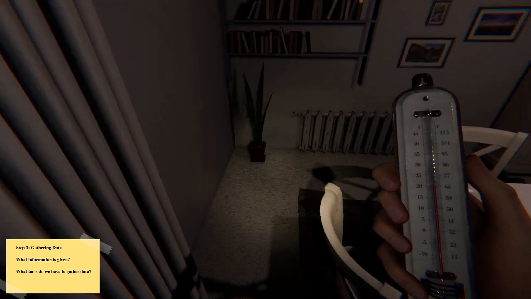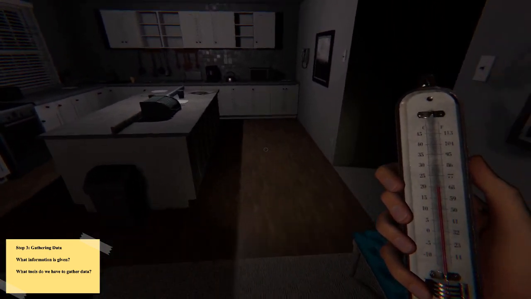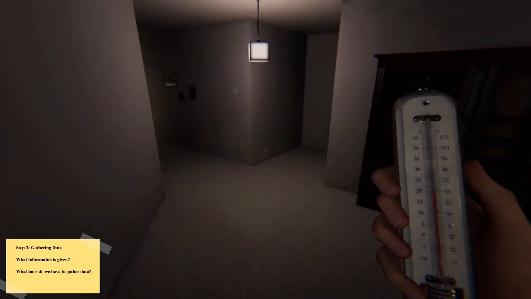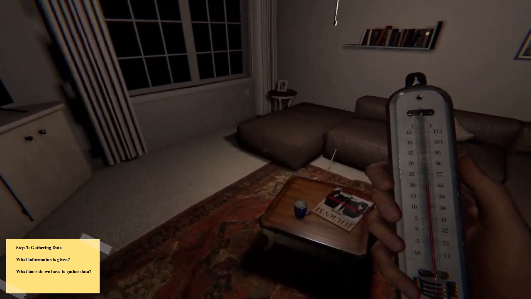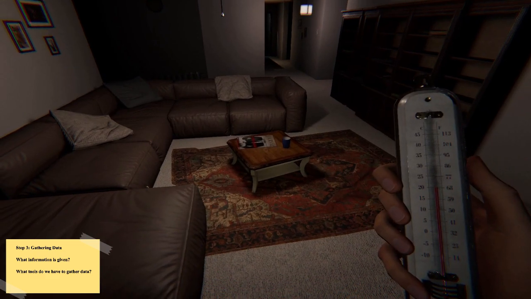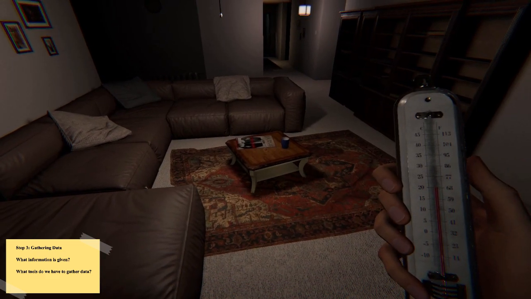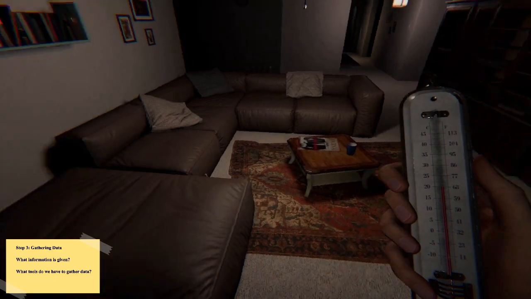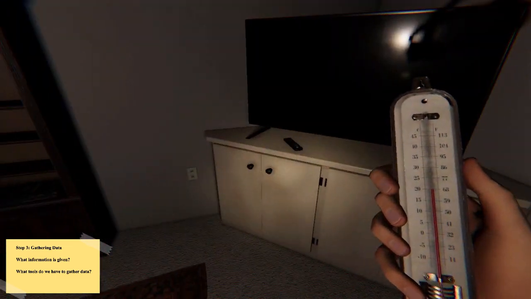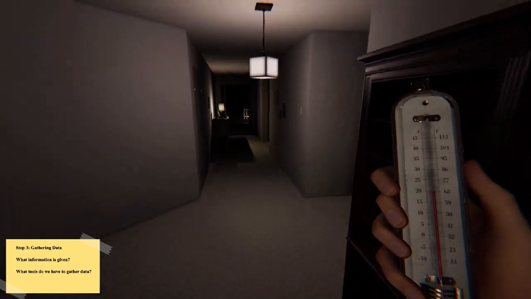The temperature is staying the same, so unlikely that it's a dining room or a kitchen ghost. Let's come out here to the living room. No difference in the living room, but we did find a bone in the living room, so we'll have to take a picture of that and then bring it with us later.